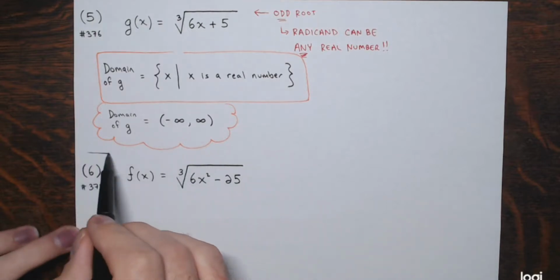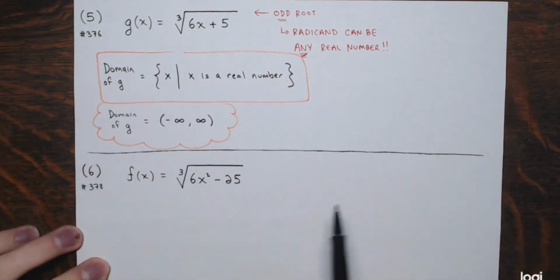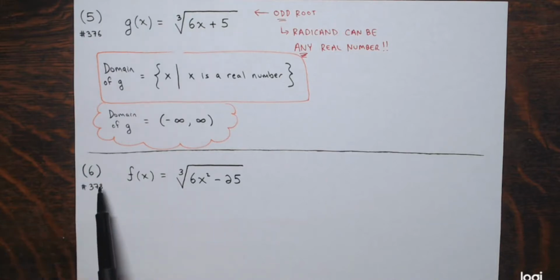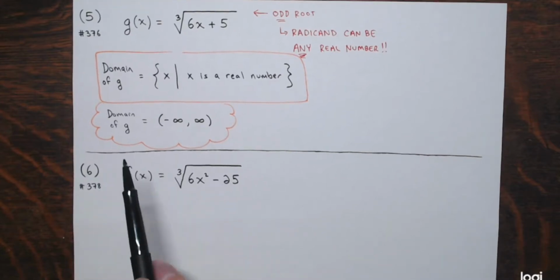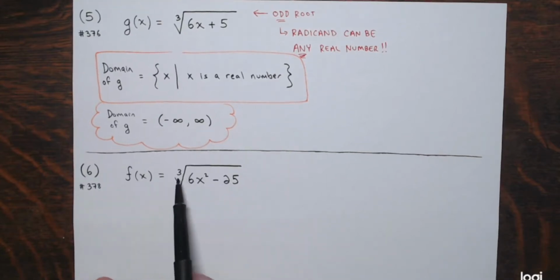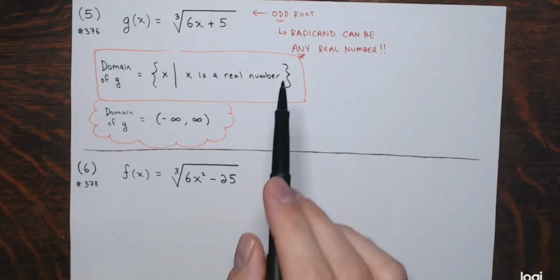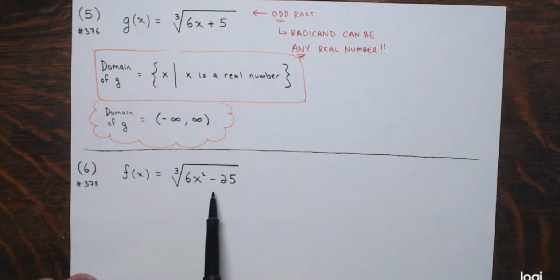Next question. Number 6 is exercise 378 in the text, and it's the same as number 5. It's f of x equals another cube root function, an odd root. Cube root of 6x squared minus 25. And once again, there aren't any denominators.